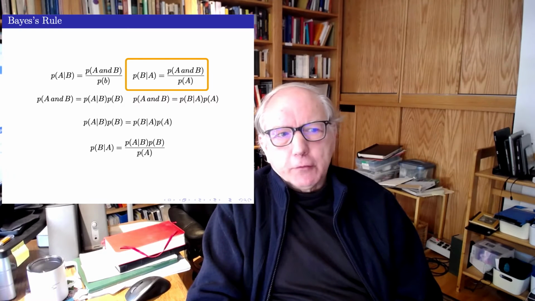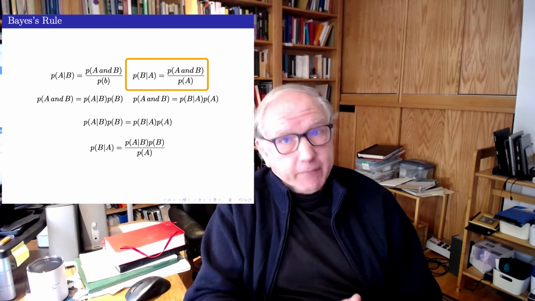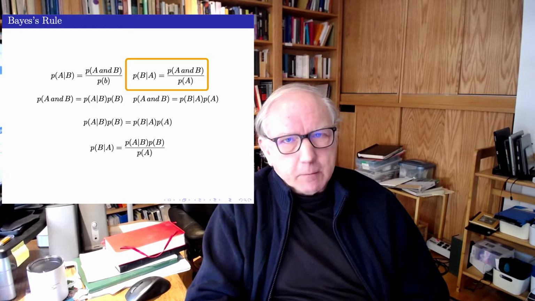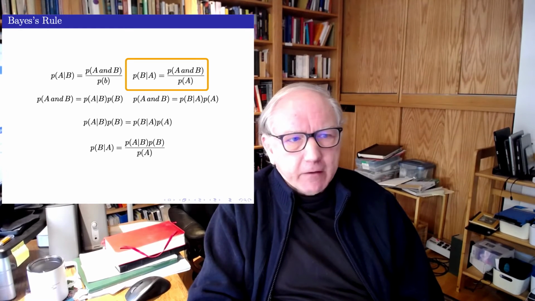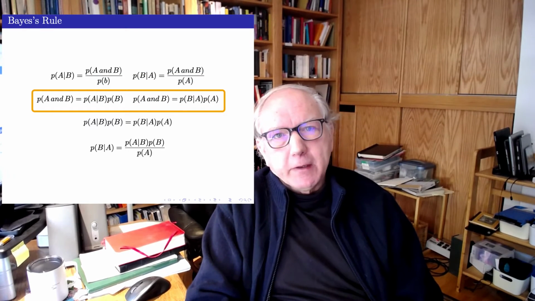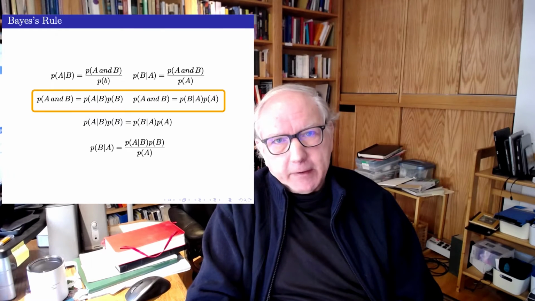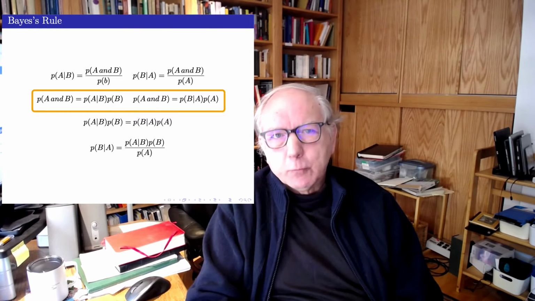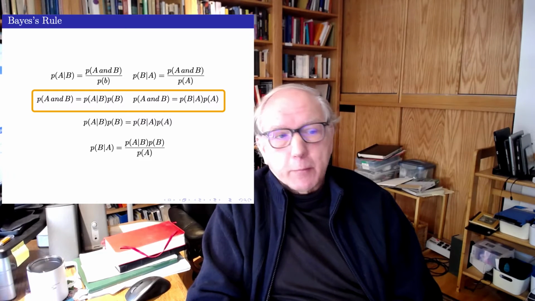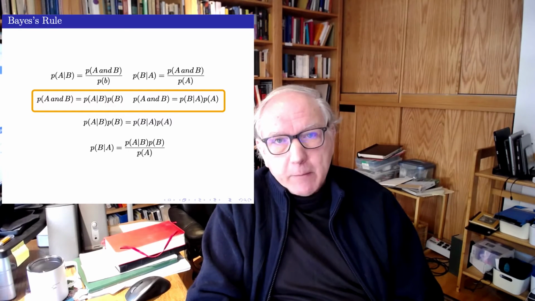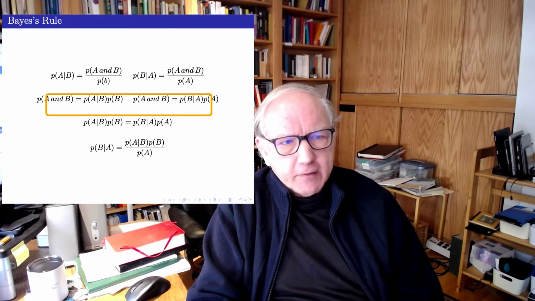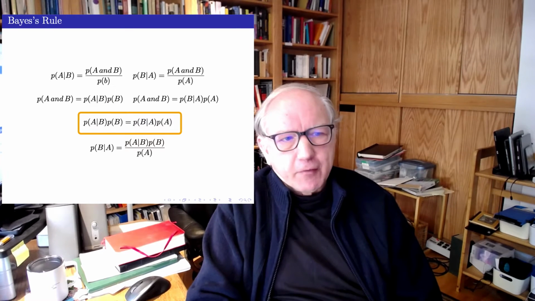So, given those two definitions of probability of A given B and probability of B given A, we can just multiply by the denominator on each side. So on the left, we get probability of A and B is equal to the probability of A given B times probability of B. And on the right, which we're doing simultaneously, we've got the probability of A and B is equal to the probability of B given A times probability of A. Two things equal to the same thing are equal to each other, so we combine to give us that third step.